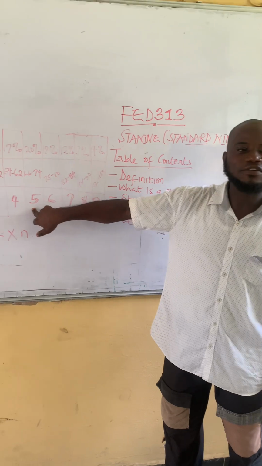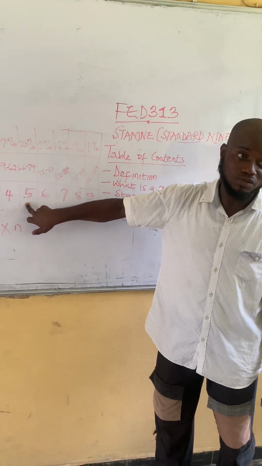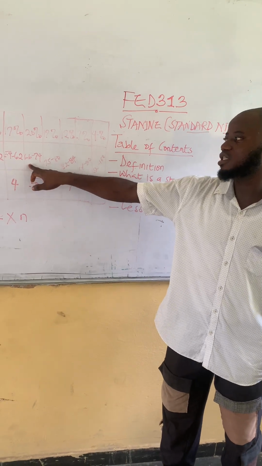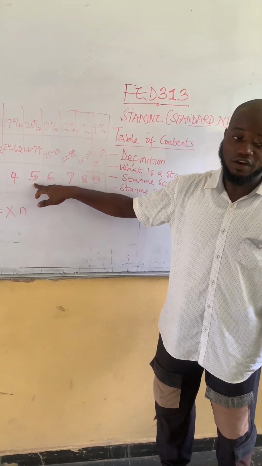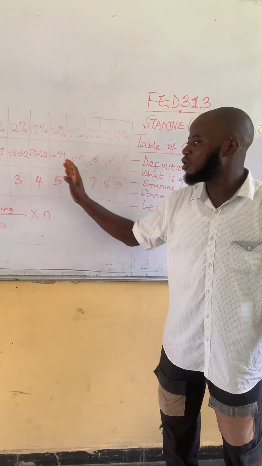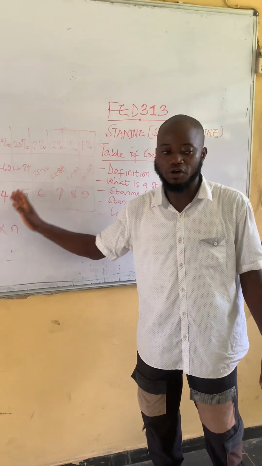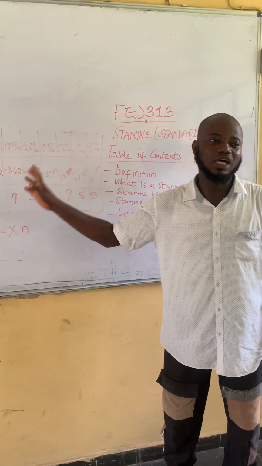Stanine 5 is the average students, which means students that scored 66 to 74 are the average students here. Anything after 5, which is 4 to 1, those are below average.